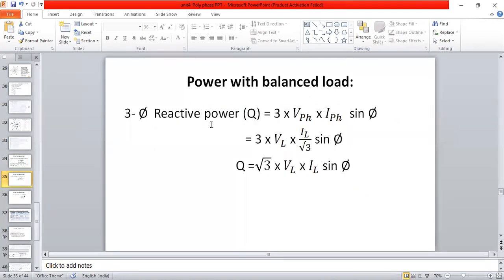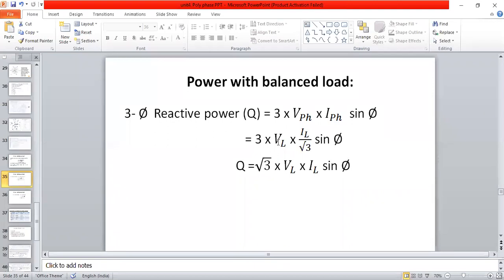Similarly, we can discuss reactive power: Q equals 3 VPH IPH sine phi, because the single-phase reactive power is VI sine phi. In place of V we use VPH, and in place of I we use IPH. Here we write for three phases, so we have used the multiplication of 3.